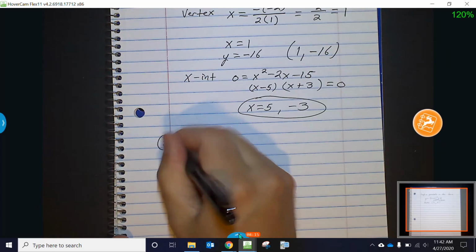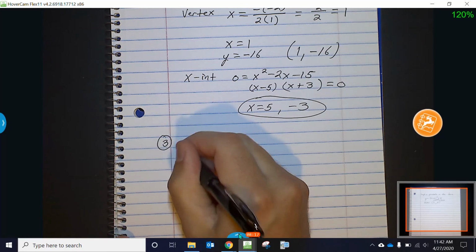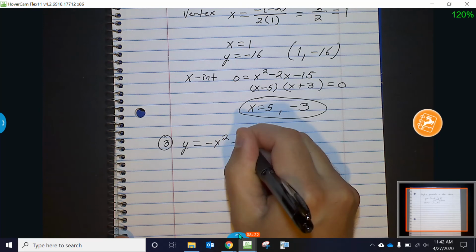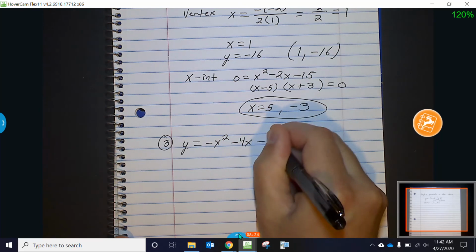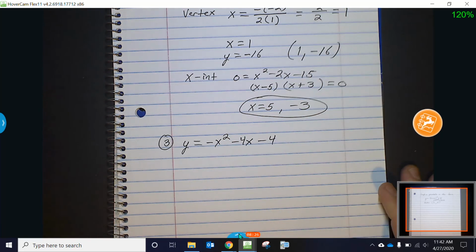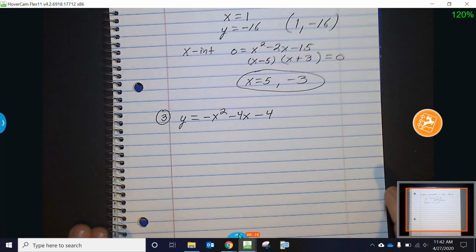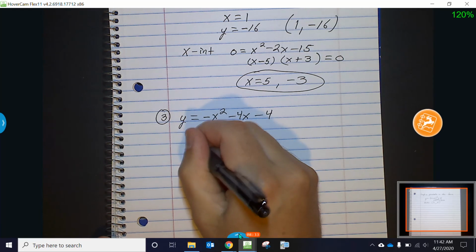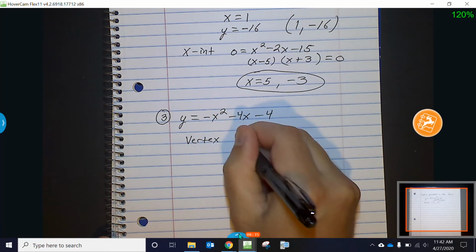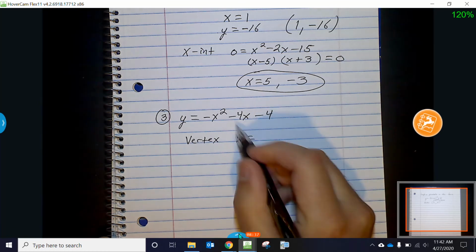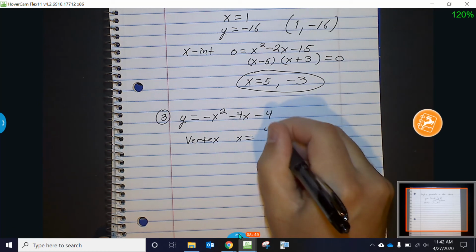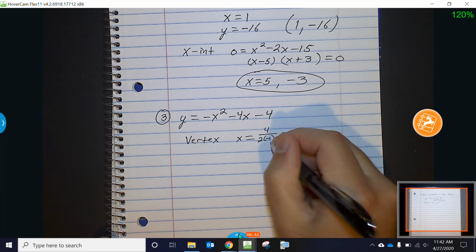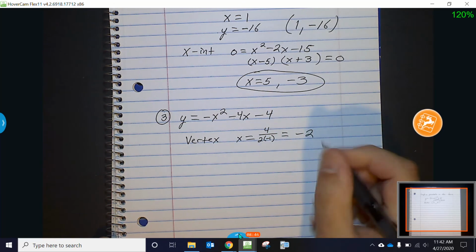Okay, so try this one. y equals -x squared minus 4x minus 4. So you can pause this if you'd like and try it. I'm going to move on with the answer. So the vertex is x equals the opposite of -4, which is +4, over 2 times -1, which is 4 divided by -2, is -2.